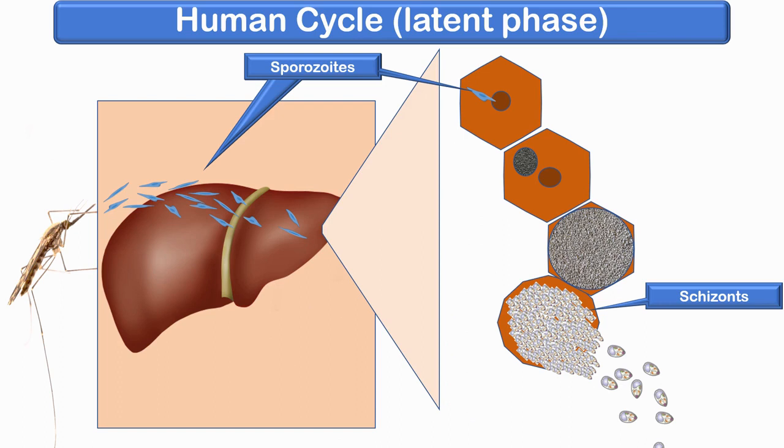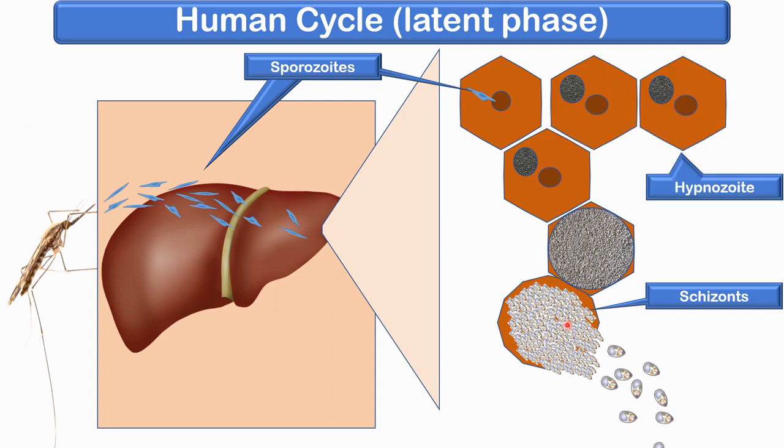Latent stage. In Plasmodium vivax and Plasmodium ovale, two kinds of sporozoites are seen, some of which multiply inside the hepatic cells to form schizonts, and others persist and remain dormant in a resting phase. The resting forms are called hypnozoites, hypnos meaning sleep.